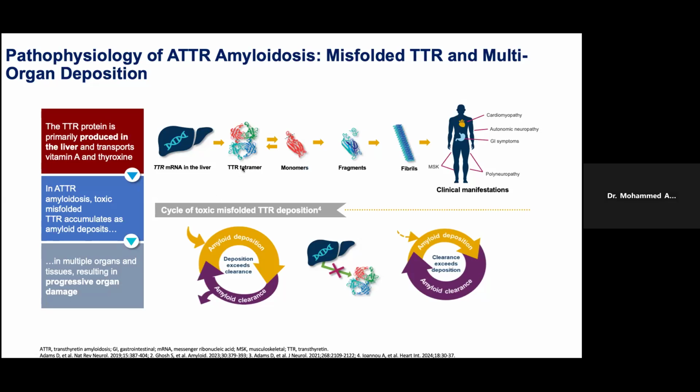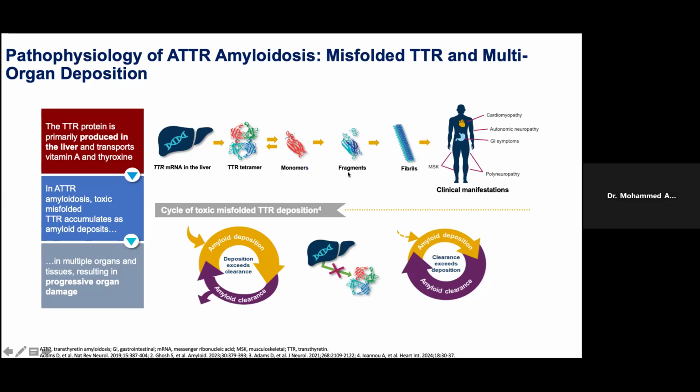TTR amyloidosis develops when this stable tetramer becomes unstable, either due to genetic mutation like in hereditary ATTR or age-related instability in wild-type ATTR. The tetramer dissociates into monomers that misfold and aggregate into soluble amyloid fibers.